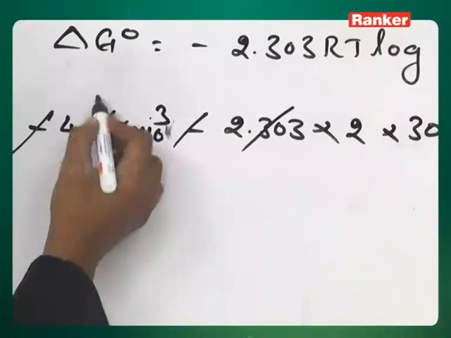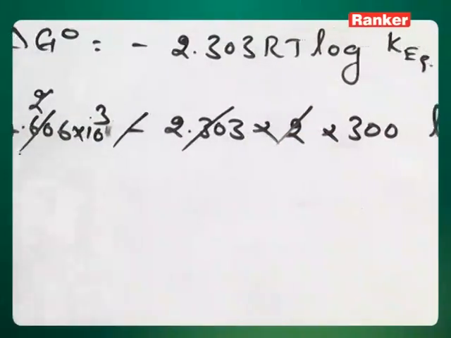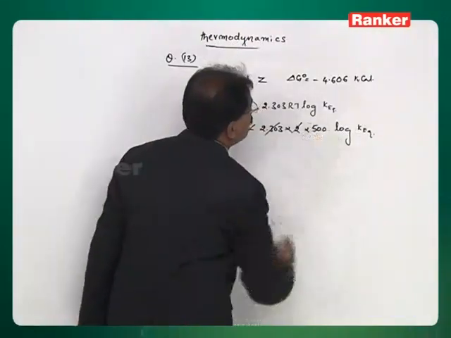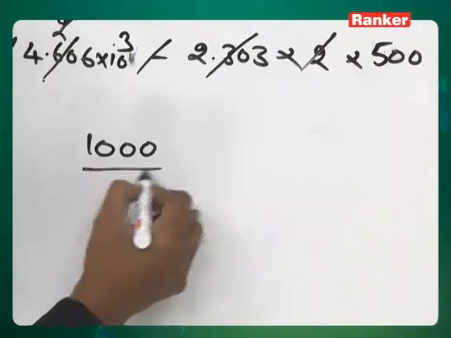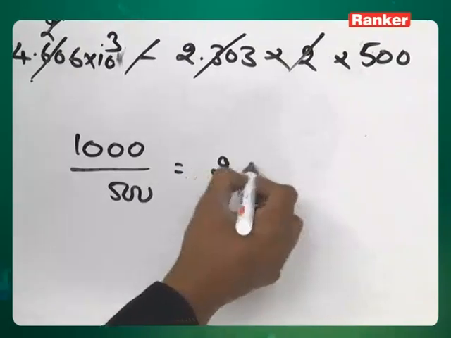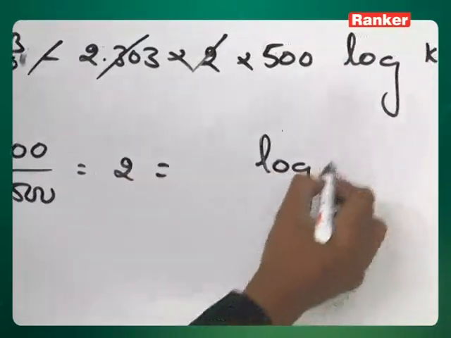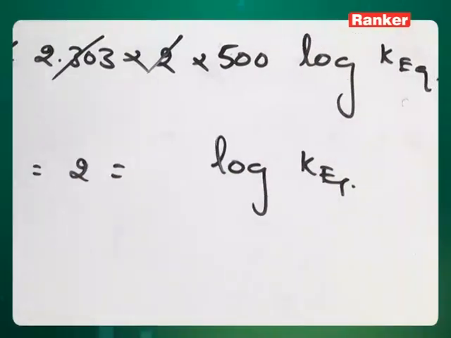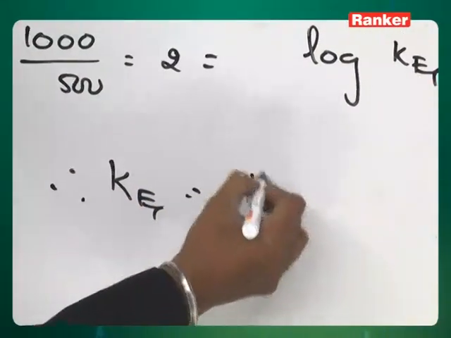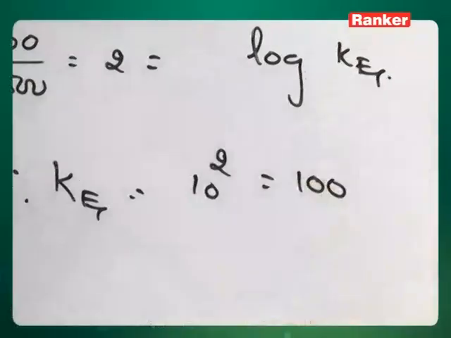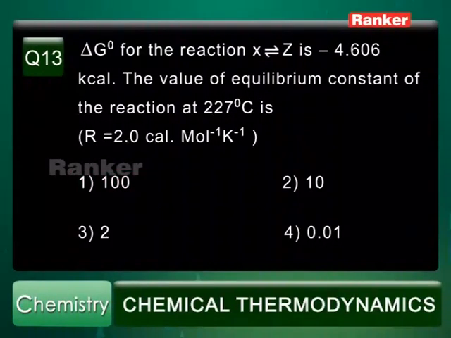This is 2 times, this 2 and this 2 will get cancelled. Temperature is 500, therefore this is 1000 by 500, this is 2. Therefore K, the equilibrium constant, is equal to 10 power 2, means 100. Therefore answer is 1.